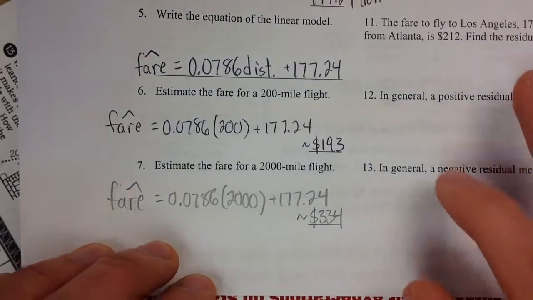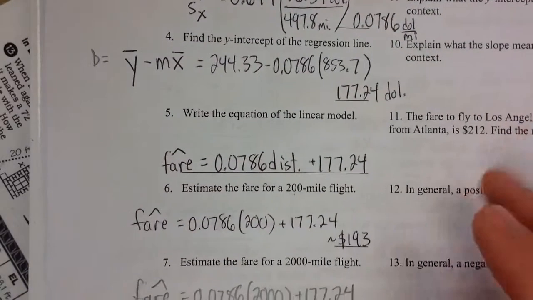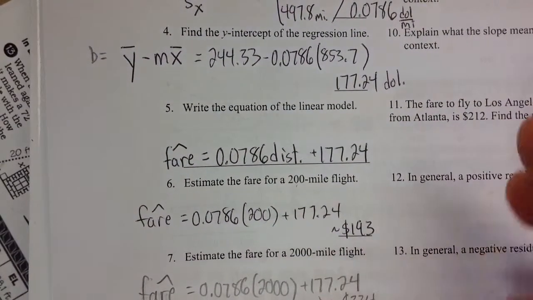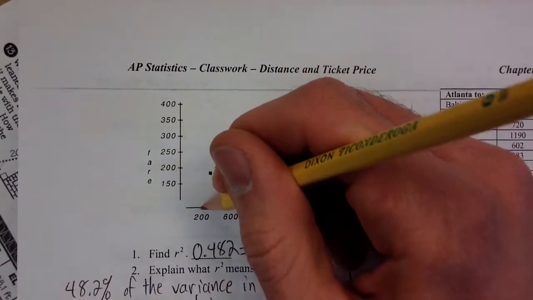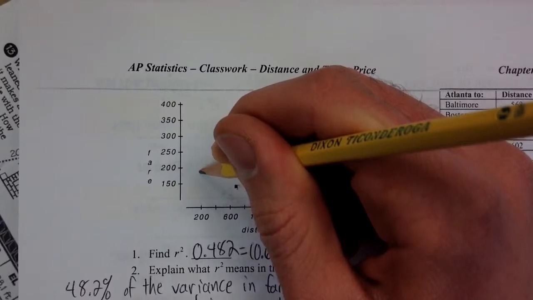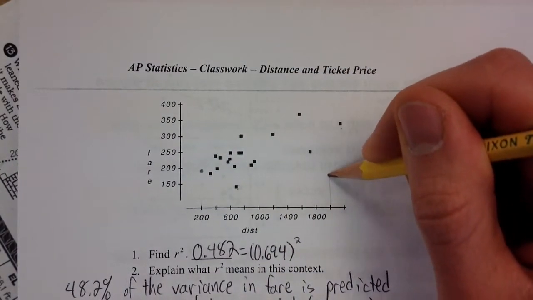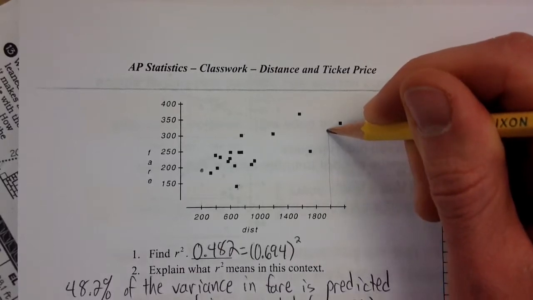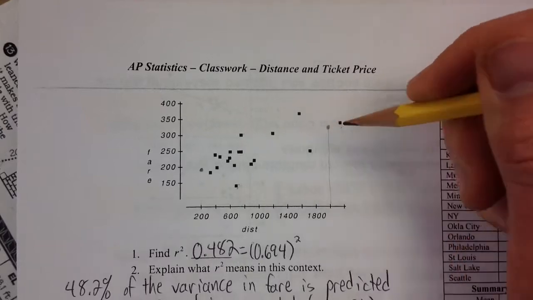Pretty simple. Next, using those estimates, draw the line on the scatter plot. So we want to plot 200, 193 and 2,000, 334. About there.